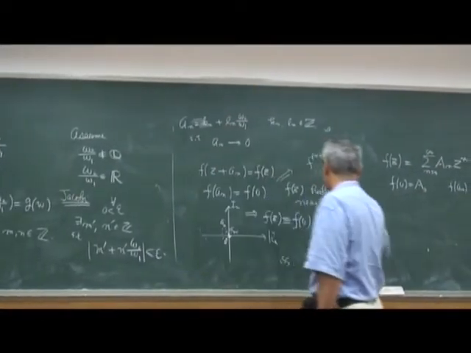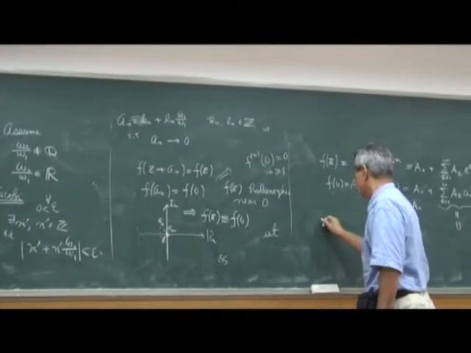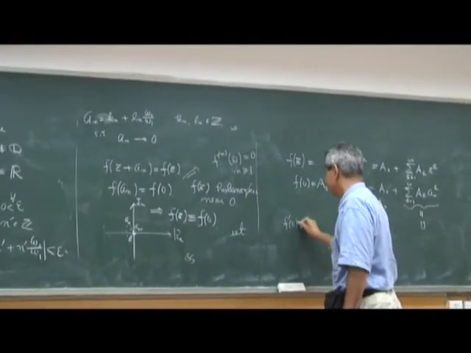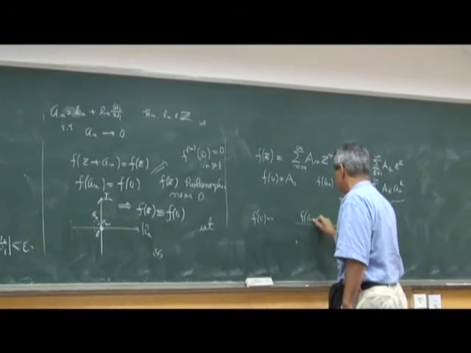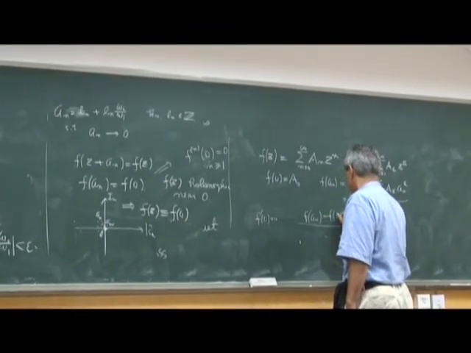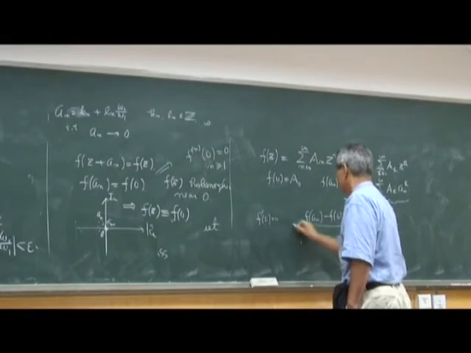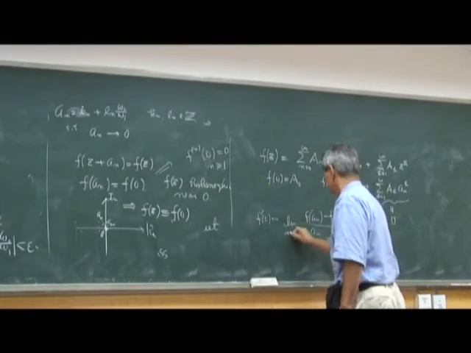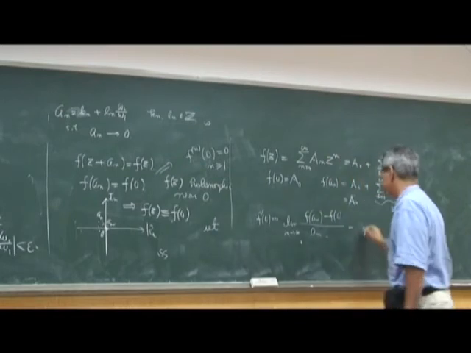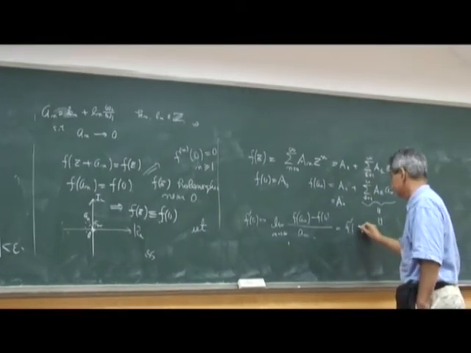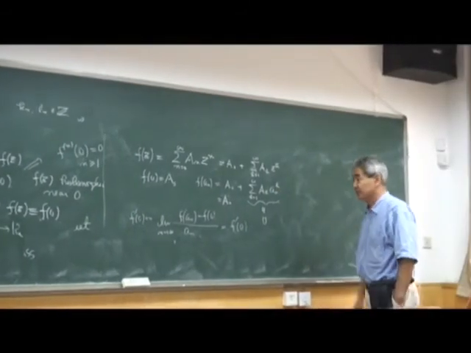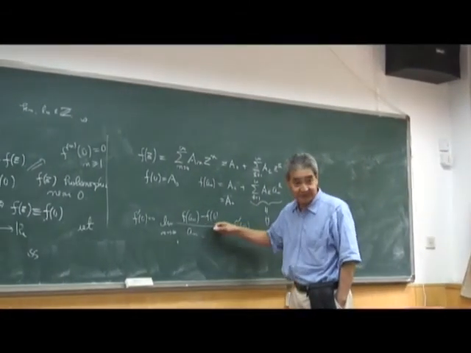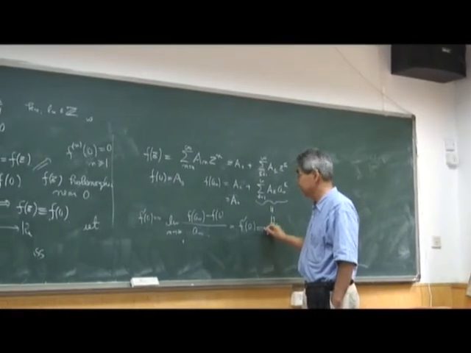Because first of all, f prime 0 becomes 0, because if you choose a_n, this should be. Yeah? But this is 0 always. So this is 0.